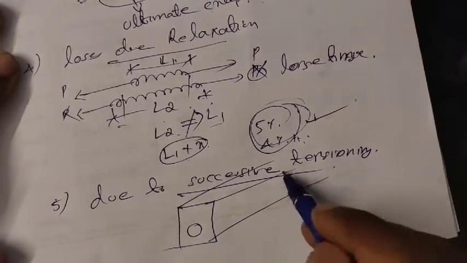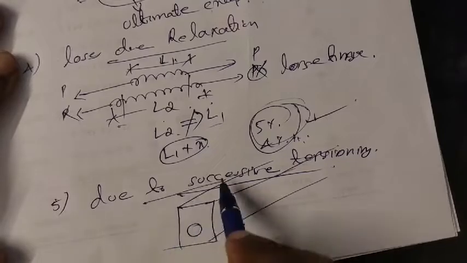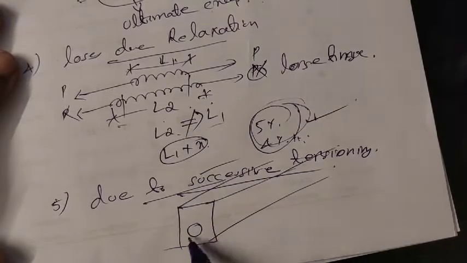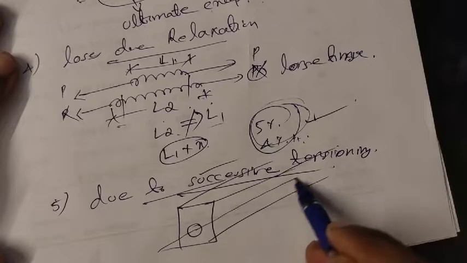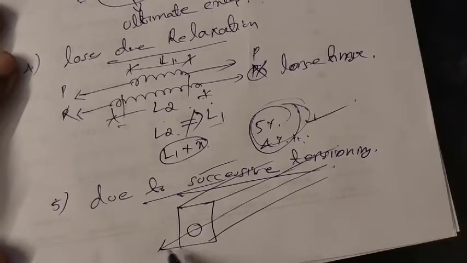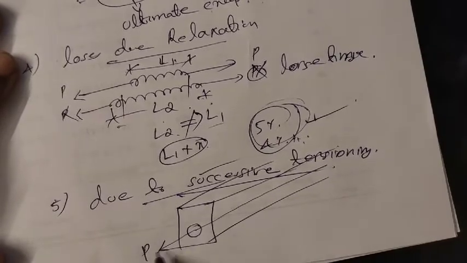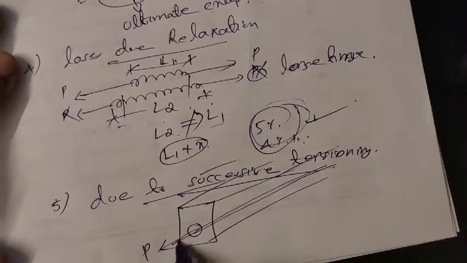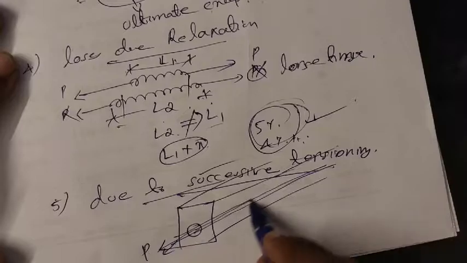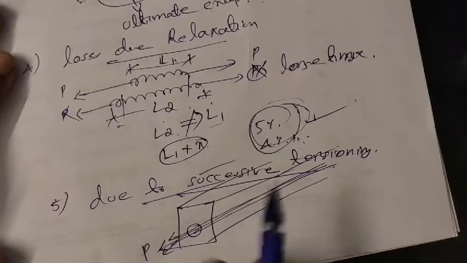This is only possible in post-tensioning. We provide one wire through it, apply P, and it is tightened. Then the next wire goes there and is also tightened. The next wire goes there and is tightened.